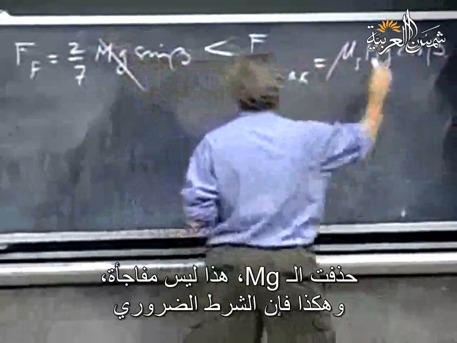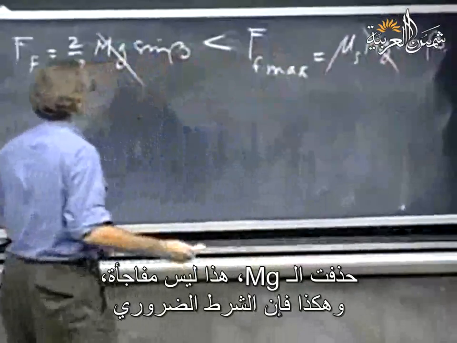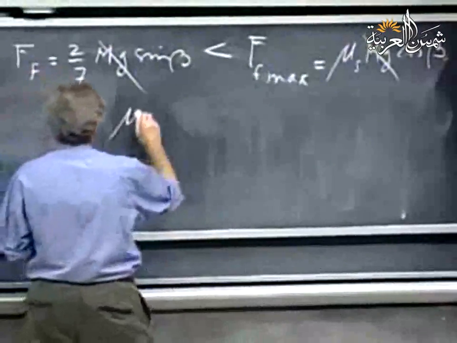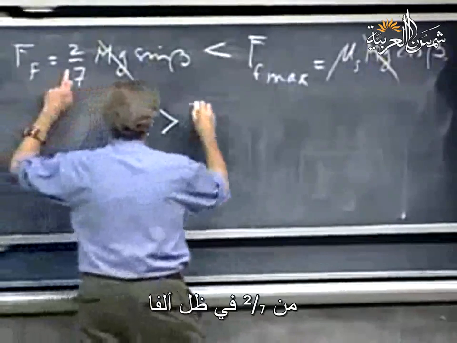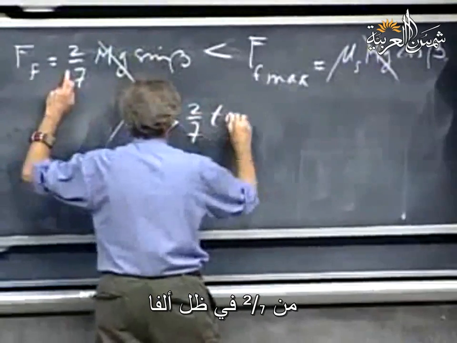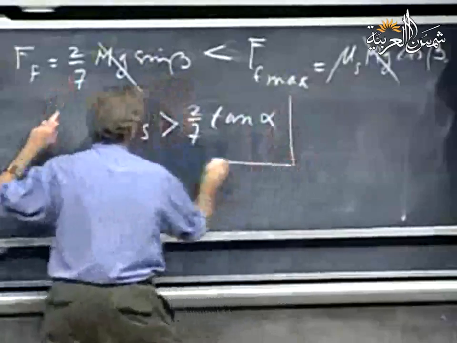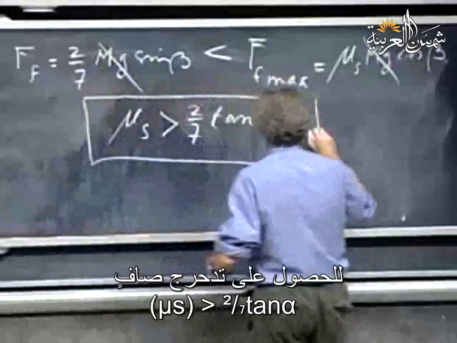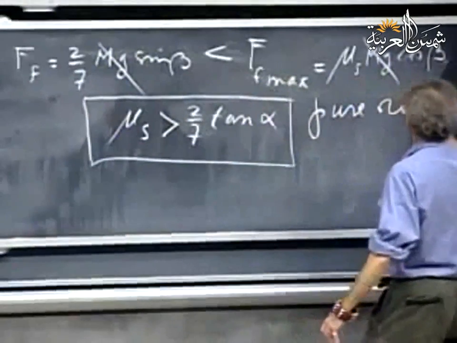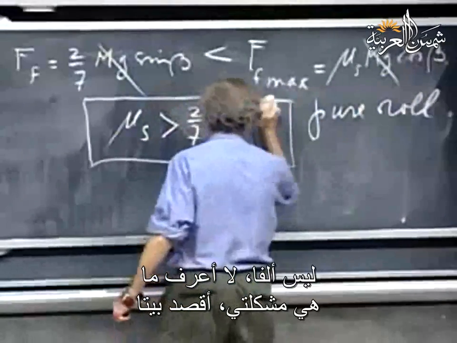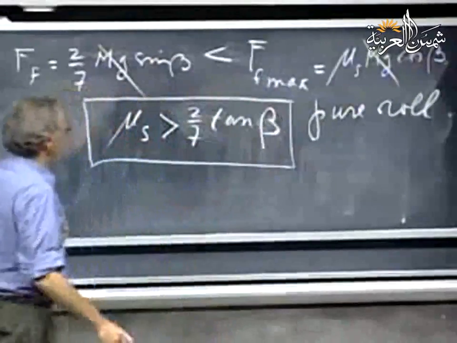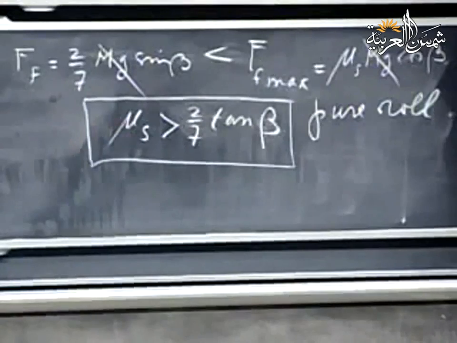I lose my mg, no surprise, and so a necessary condition is that the static friction coefficient must be larger than 2/7 times the tangent of alpha in order to have pure roll. Not alpha. I don't know what is wrong with me. Beta. And this, of course, is pleasing in a way.